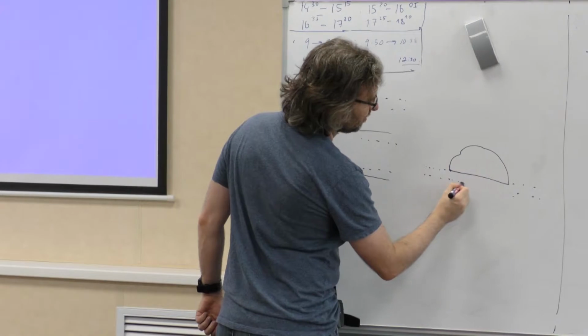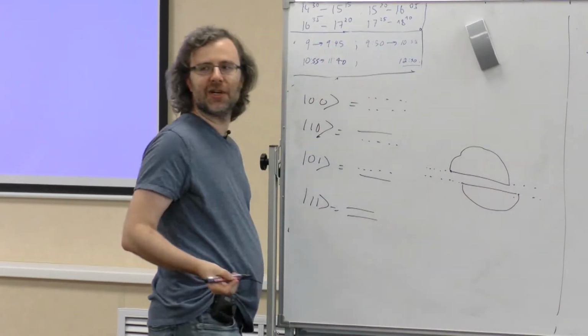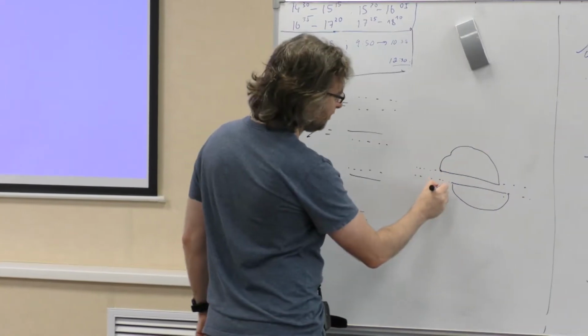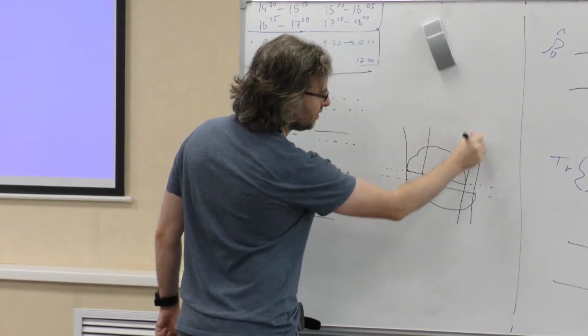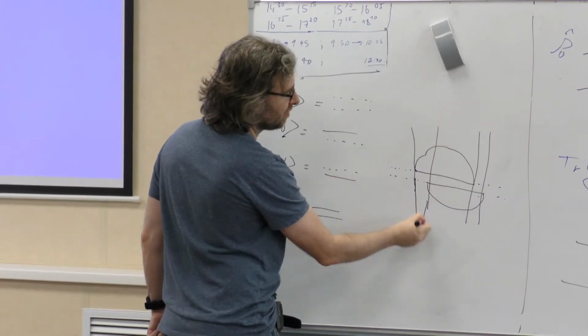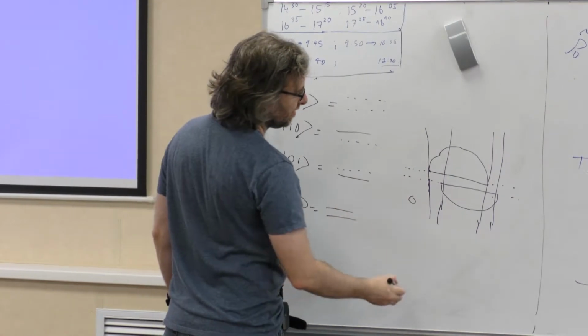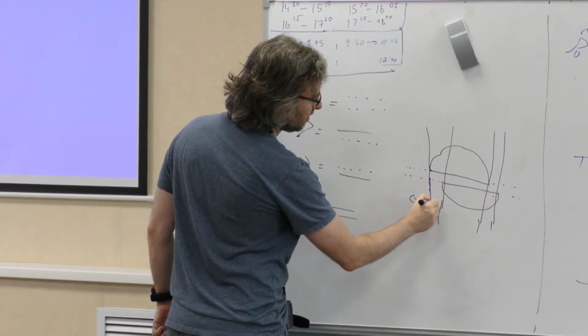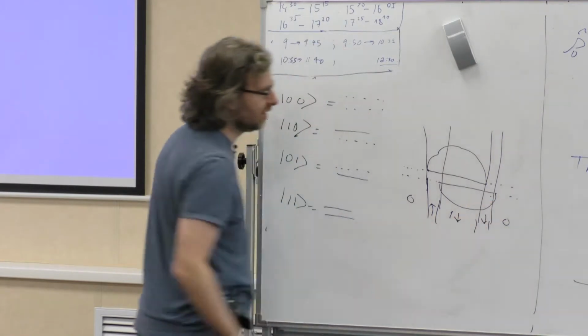And if I have another one here, then I'm changing the occupation of the other spin state. Then I have to look at all these places, and in each one I'm in a particular many-body state on the dot. So here I'm in state 0, up, up, down, down, and 0 again.